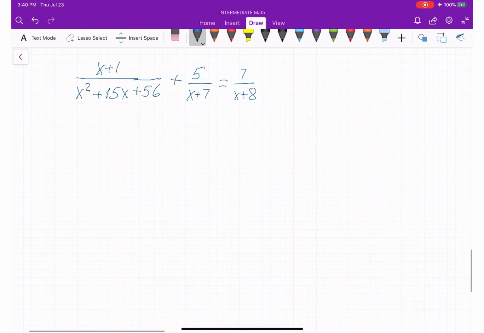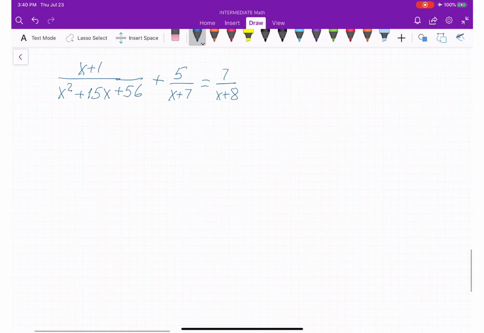All right. So again, we need to factor x squared plus 15x plus 56. And I bet it's going to be x plus 7 and x plus 8. So let's bring to a common denominator.